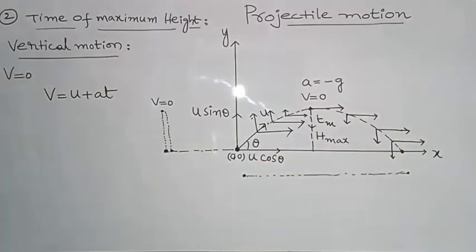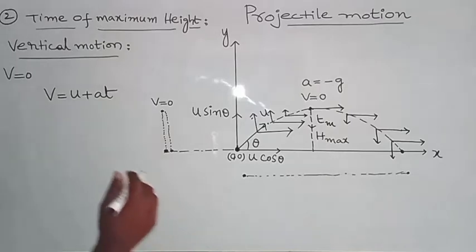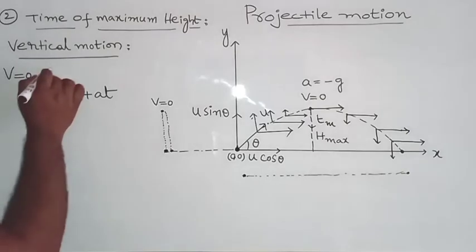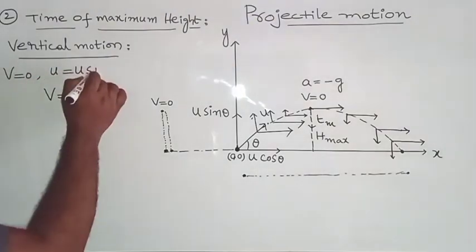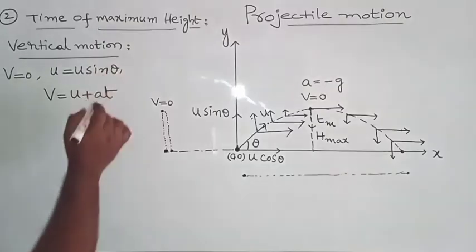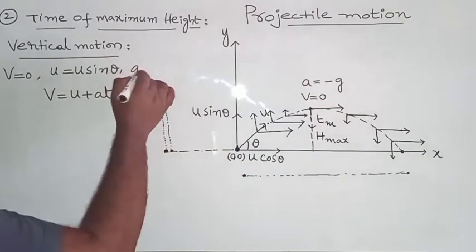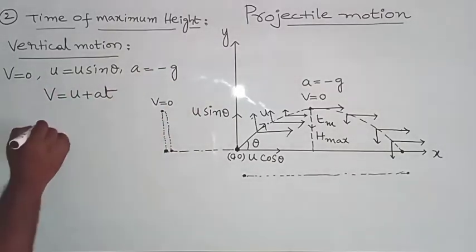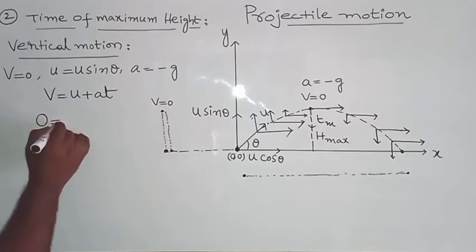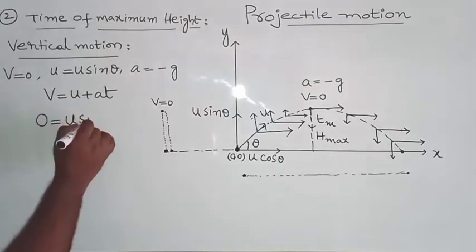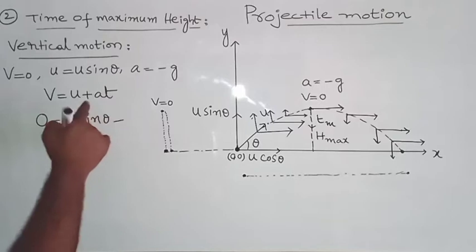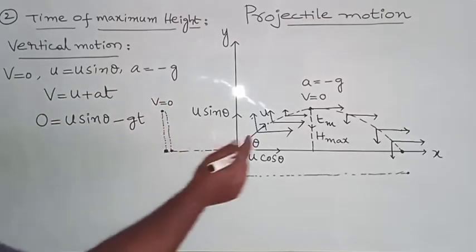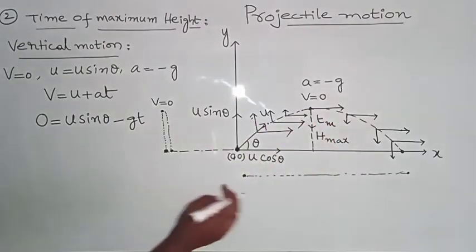Acceleration due to gravity acts in the downward direction. And initial velocity is u sin theta. Initial velocity is u sin theta, vertical motion. And acceleration due to gravity A is minus G. And you substitute these values in this, what can you get? V is 0, U is u sin theta, A is minus G, into T, which is the time of maximum height.